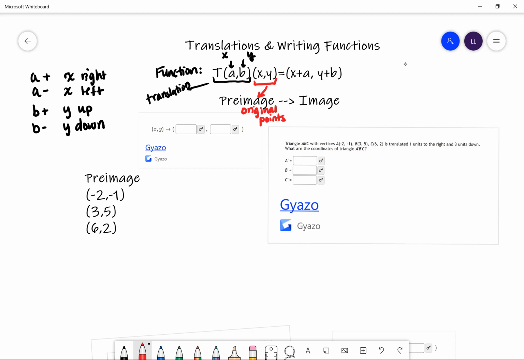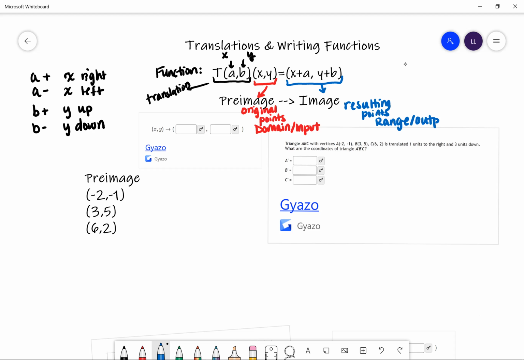The original points are the domain or the input. Then this part right here is the image, which is the resulting points. The resulting points are what we also call the range or the output.